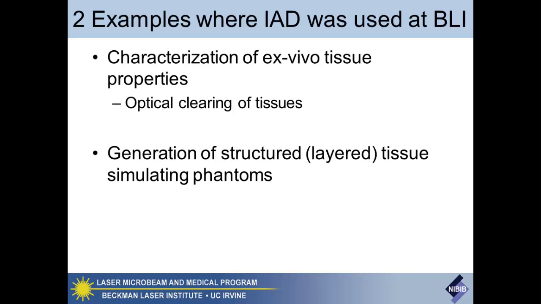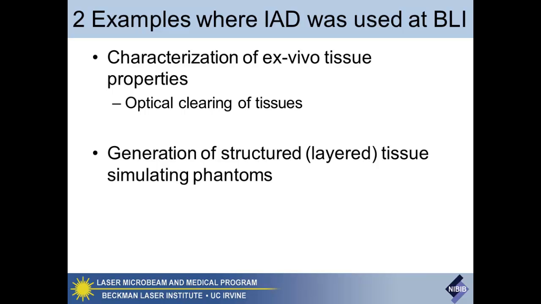All right. The next thing I wanted to do was give some examples of how this has been used in the past. So here at BLI, there were 2 different projects that I was involved with where we used inverse adding doubling. The first was characterization of ex vivo tissue properties, geared toward looking at optical clearing agents and their performance on slabs of tissue.